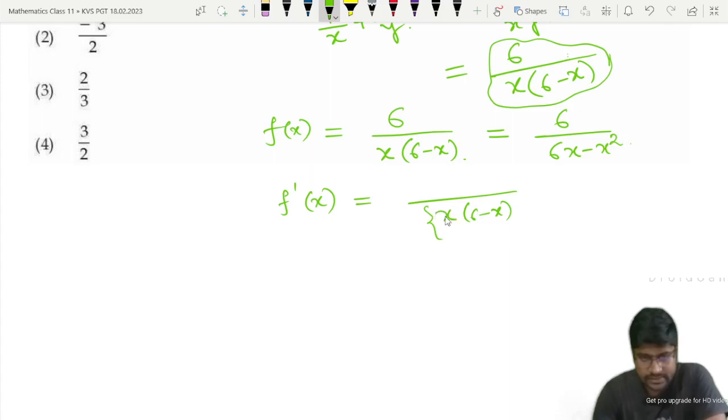I will not apply the quotient rule of derivative, but I will apply the product rule of derivative.